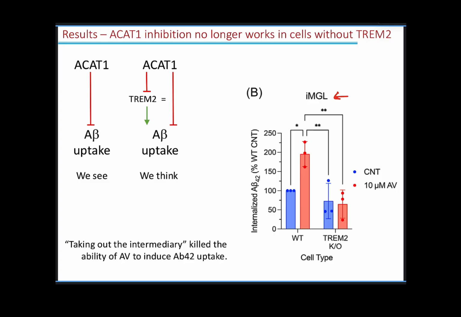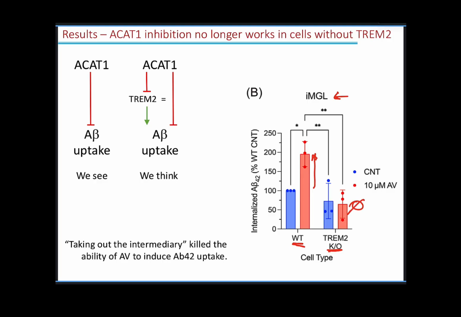And they had two versions of them, cells that are wild type or cells in which the TREM2 gene has been knocked out. And what they see is that when they add AV, that's the red bars, to the wild types, there is this significant increase in A beta uptake, as expected and as shown before with the other cell line. But when they treat the TREM2 knockout cells with the same AV, there is no change.